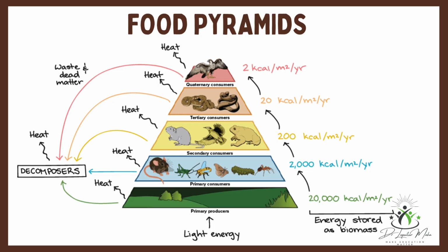Right. So obviously if a grasshopper consumes the grass as it is, when it's being eaten by a frog, it's not going to transfer the same energy. So there will be energy lost there.